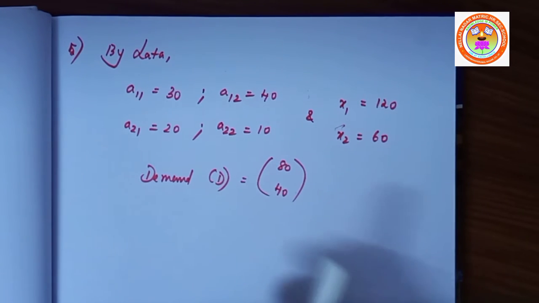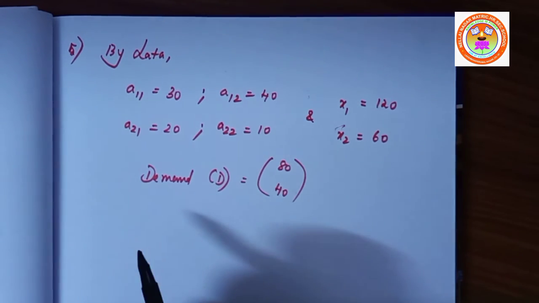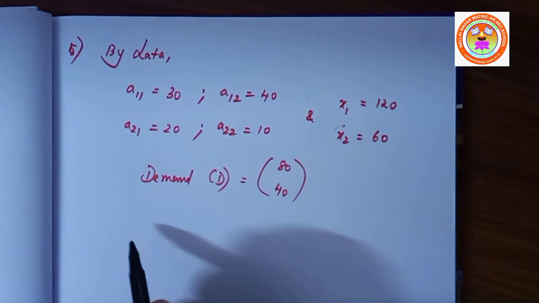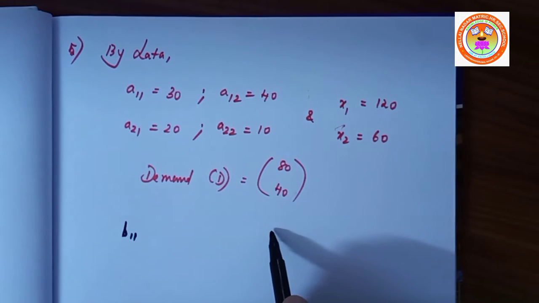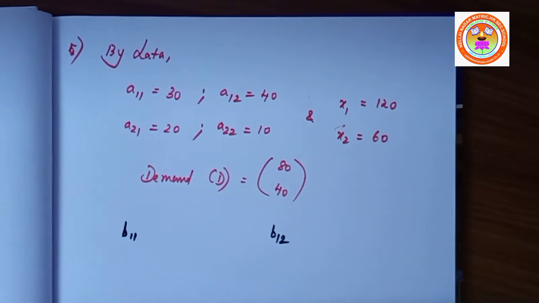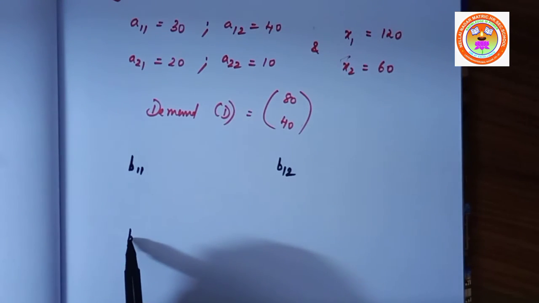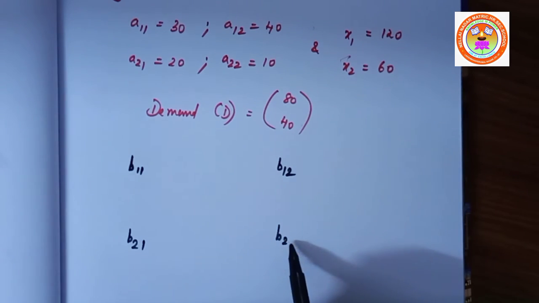Okay. Now I am going to find out the technology matrix. The technology matrix is represented by the letter capital B. For that, I need B11, B12, B21 and B22.